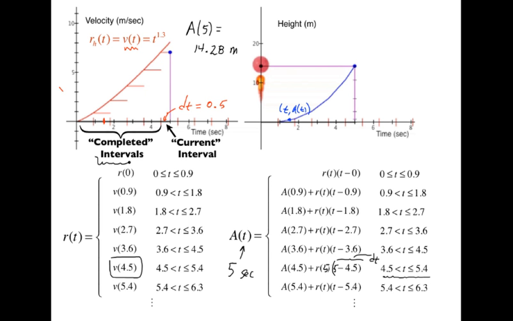Completed intervals. How's that represented in this function? A of 4.5. A of 4.5 is all the accumulation for the completed intervals. And then this is our little m dt, which is the little bit more change for the current interval. It's this part right here. And what do we have? Y initial plus the change in y gives me final y.